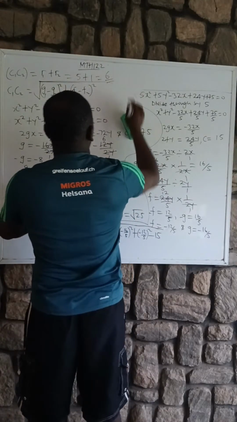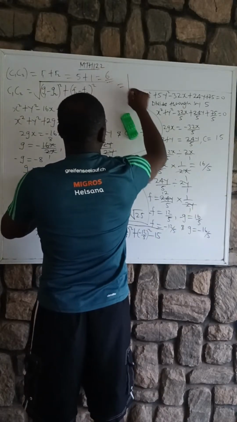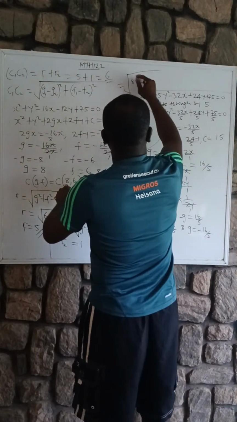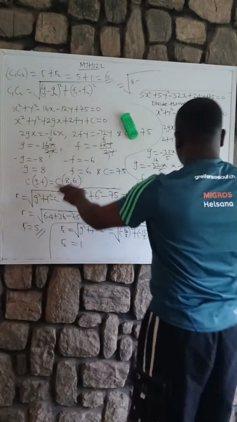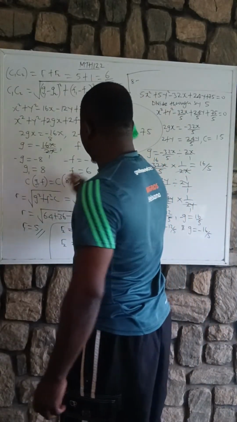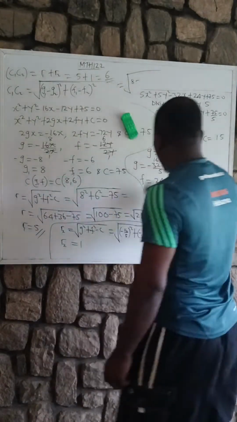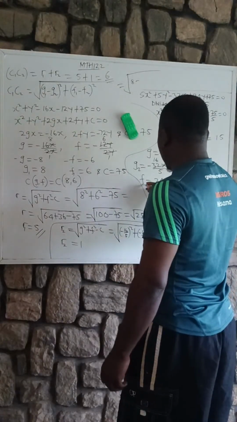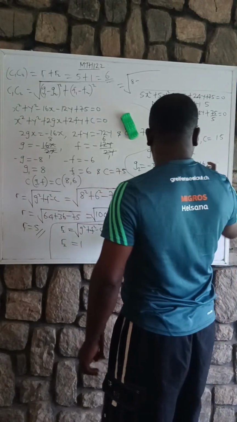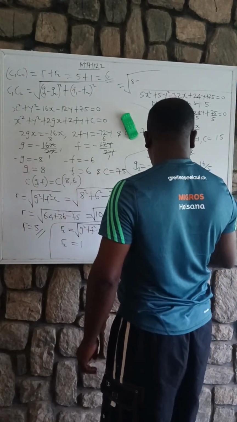So we want to know, it means the square root of 8 minus our G2. This is G1, F1, then G2, F2, right?